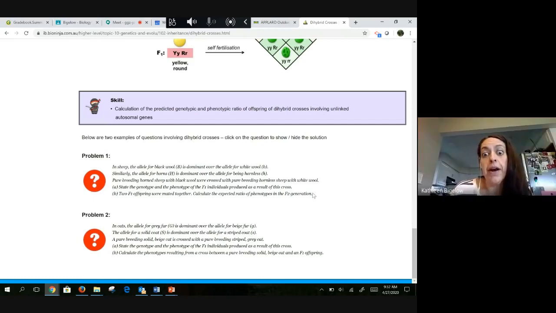It is a Punnett square. For this one, because of the genotypes of the parents, for the first one, I wouldn't need to do a Punnett square, but I always encourage people, even if you think you know the answer, do the Punnett square because it's just good practice. So let's do A first, genotype and phenotype of F1 individuals.